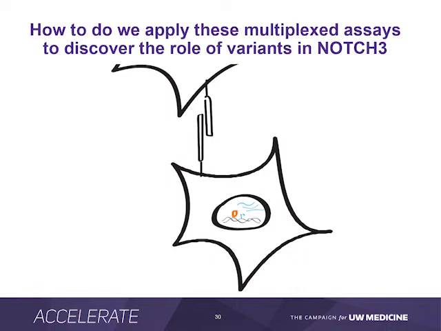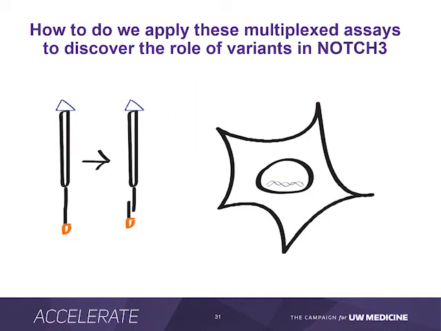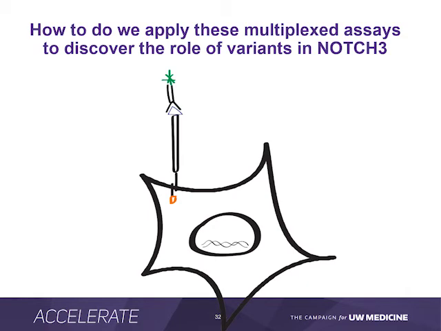We can express what we call a protein tag. It's a little piece of protein that they make really good antibodies to, and we can just stick it right on Notch 3. When it gets inserted into the membrane, we can look for it using an antibody that has a fluorophore. So it would actually make this cell kind of glow green.